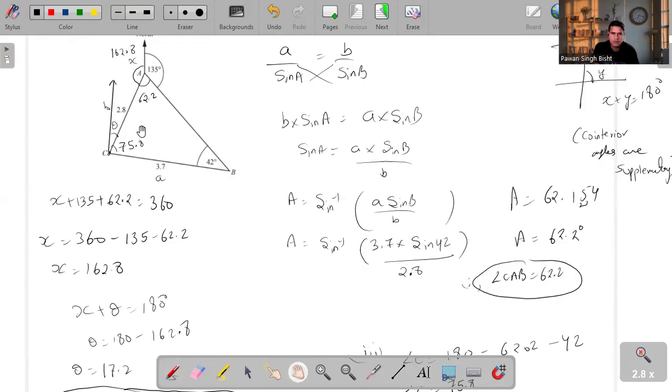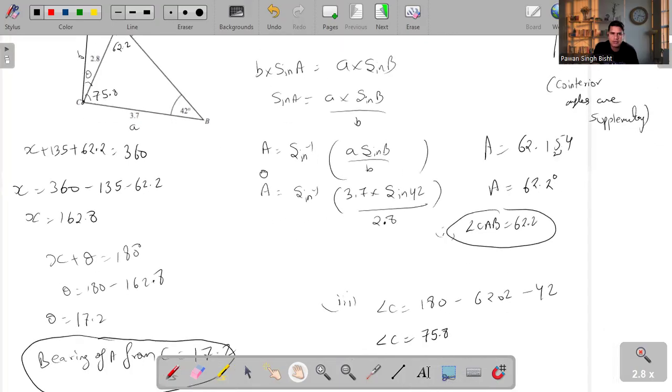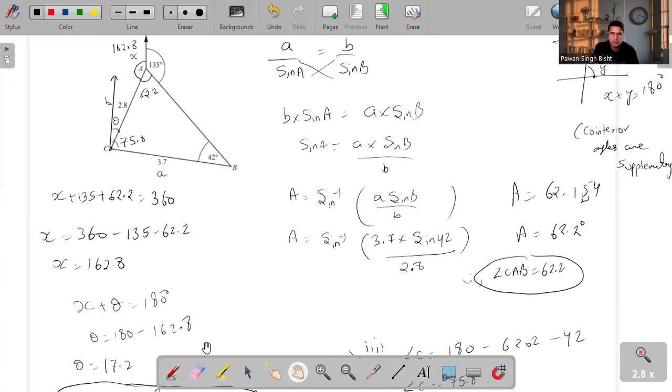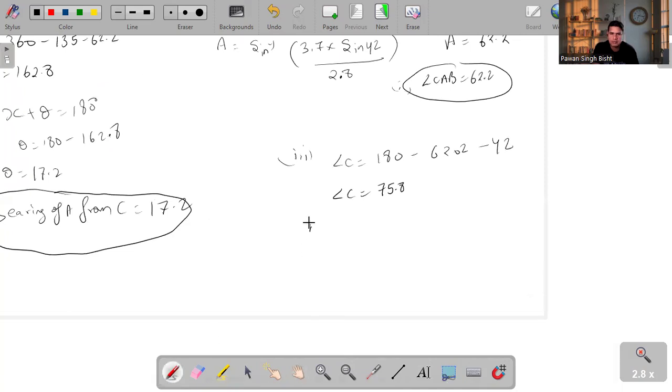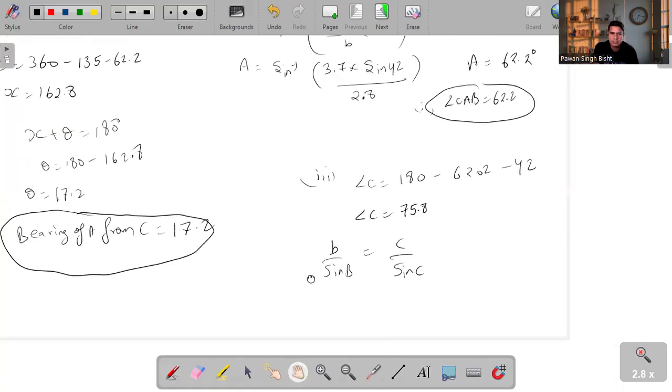Now we can apply the sine rule again to find the AB side, because the side opposite to angle C will be considered small c, and this is small b. So we apply the sine rule again to find the C side. b upon sine B equals c upon sine C. So what is small b?